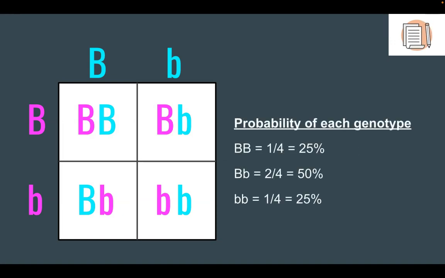We can also look at the probability of those genotypes. If these 2 parents reproduce, we can see that 1 out of the 4 boxes results in a dominant genotype. 1 out of 4 means that there's a 25% chance that the offspring would be dominant.